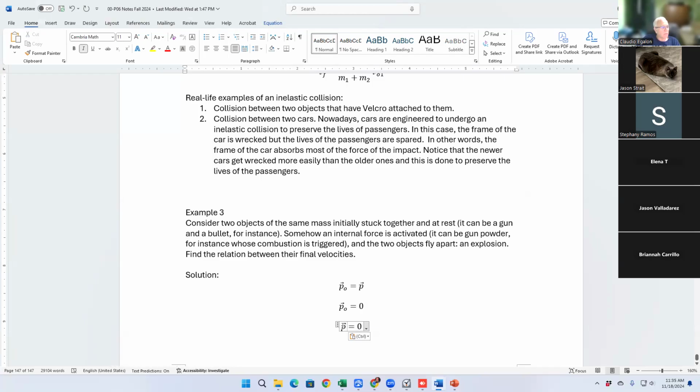Momentum must also be equal to 0. But let's not forget, final momentum has two components: final momentum of 1 and final momentum of 2. The final momentum of 1 plus the final momentum of 2 is equal to 0.